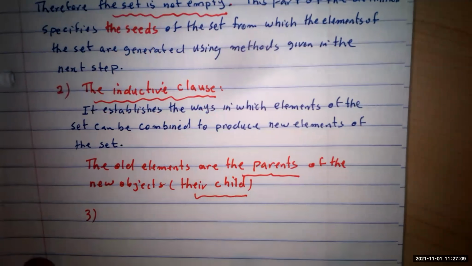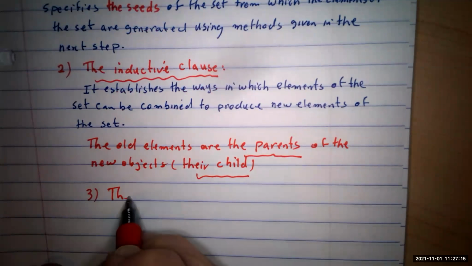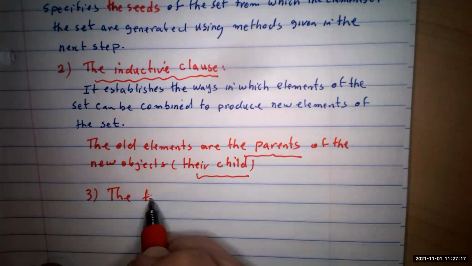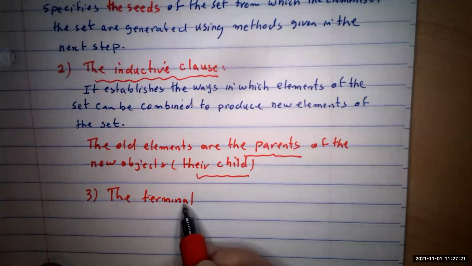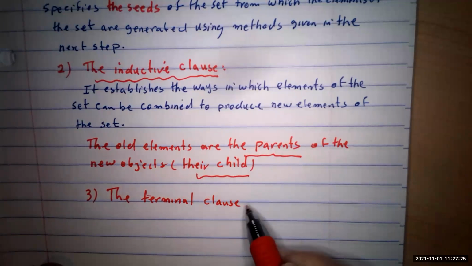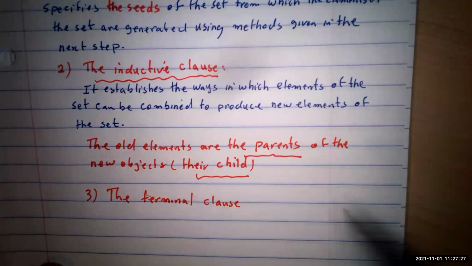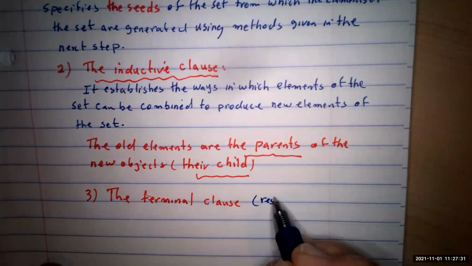Step 3. This is the one we call the terminal clause. The terminal clause, sometimes in your book they call it a restriction.